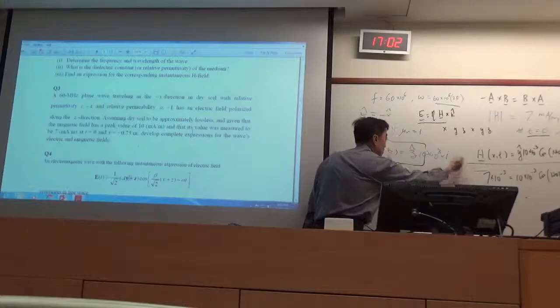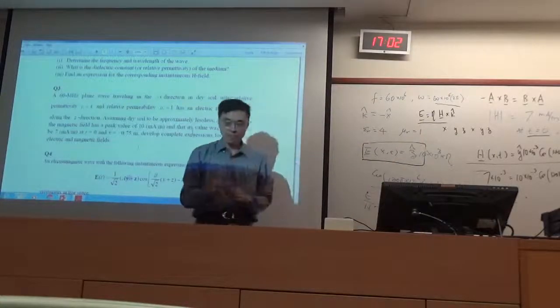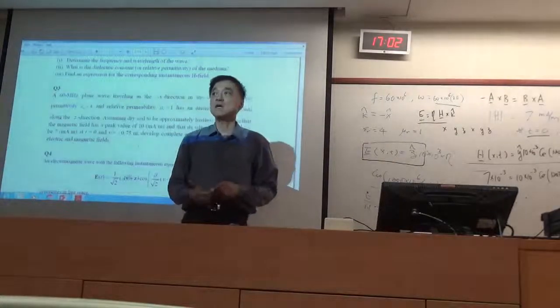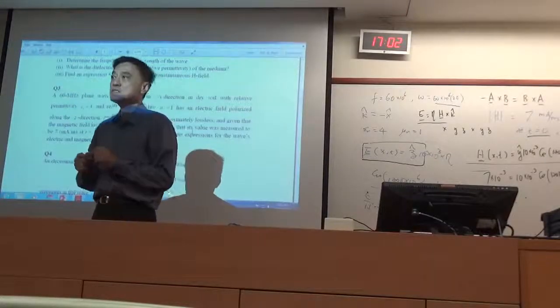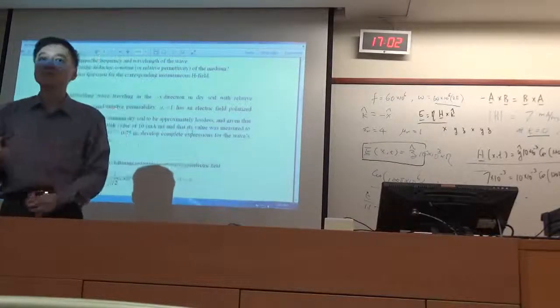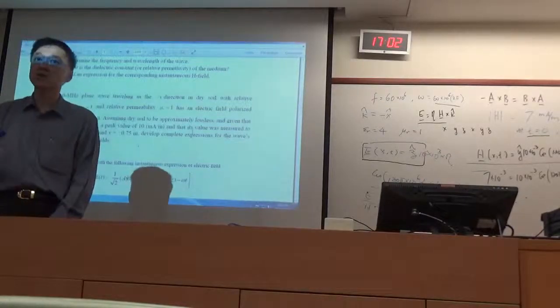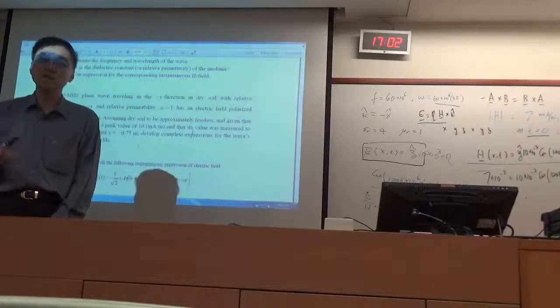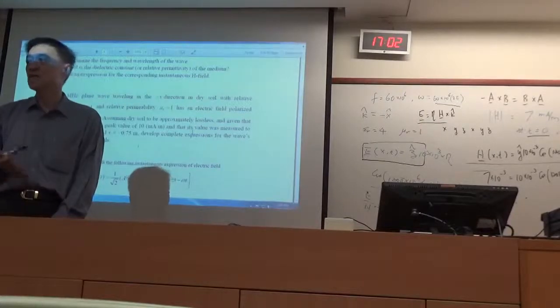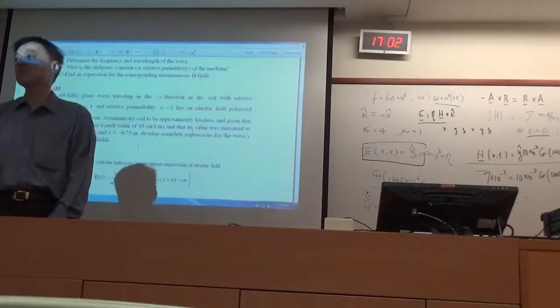This is the complete electric field. And what is zeta? Zeta is equal to square root of mu naught over epsilon naught epsilon r, which is 120 pi divided by 2, equals 60 pi.